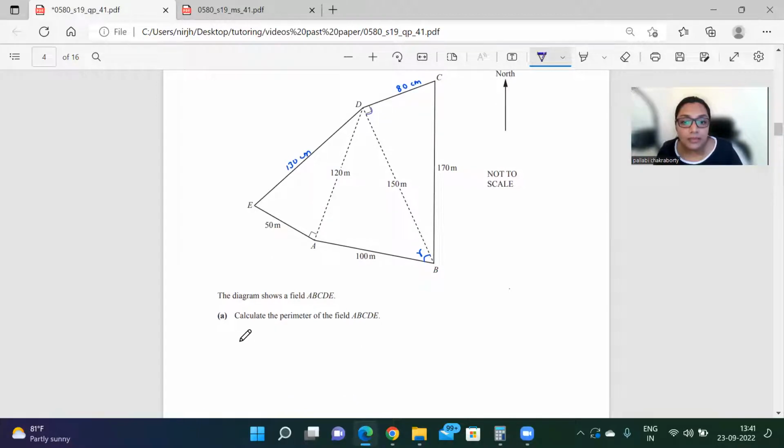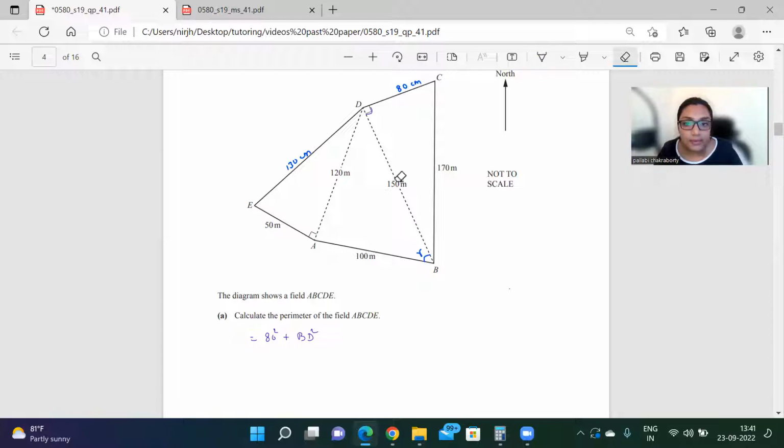So Pythagoras theorem means the hypotenuse square, which is BC, the longest side, that is 170 square, will be equal to DC square, which is 80 square, plus BD square, which is 150 square. So let's write it down properly.